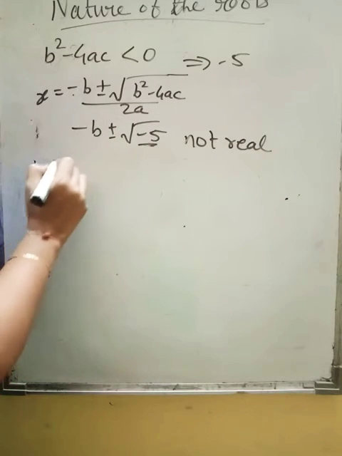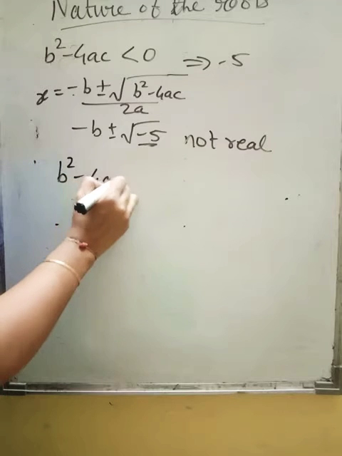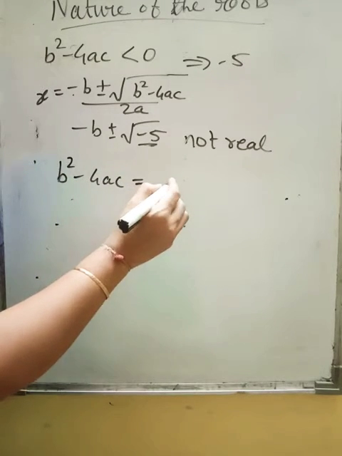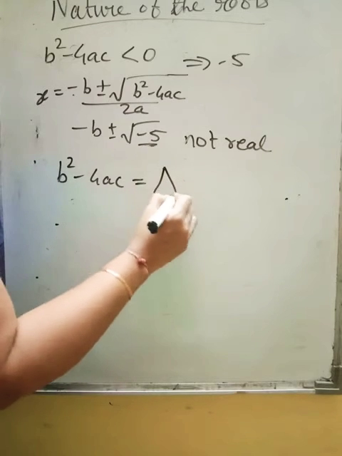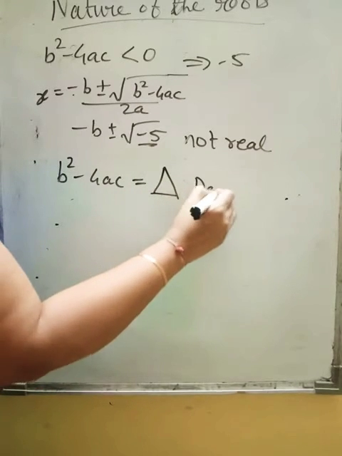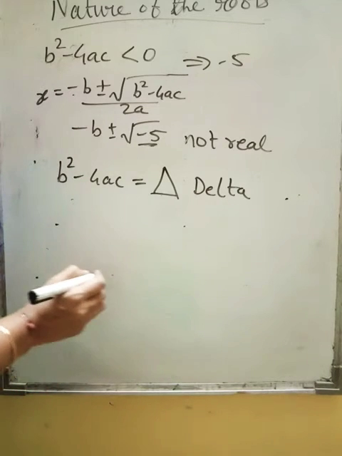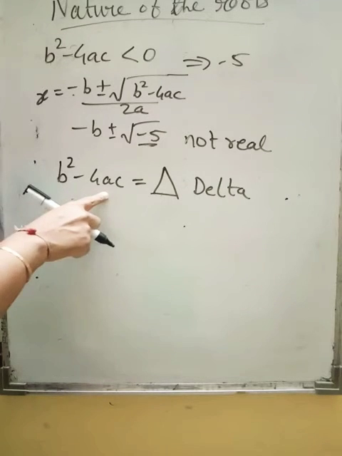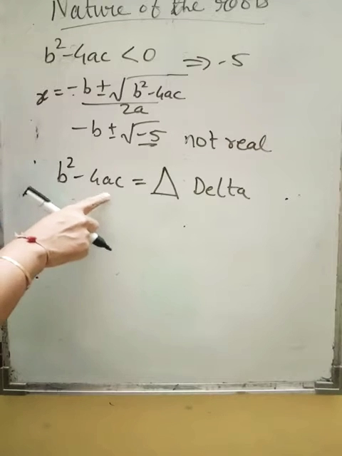So what we can say about b square minus 4ac? This children, we sometimes denote by the notation delta, which is a Greek letter used to denote this discriminant, that is b square minus 4ac.